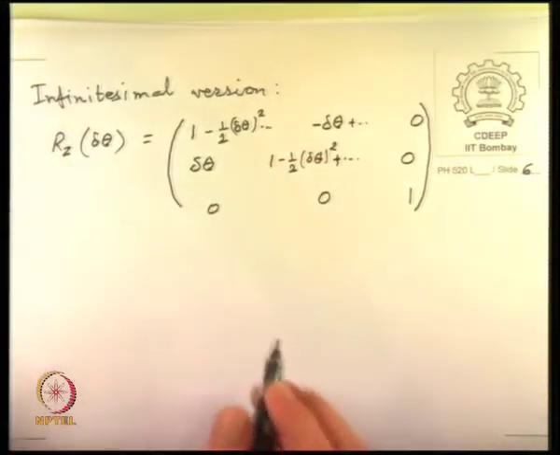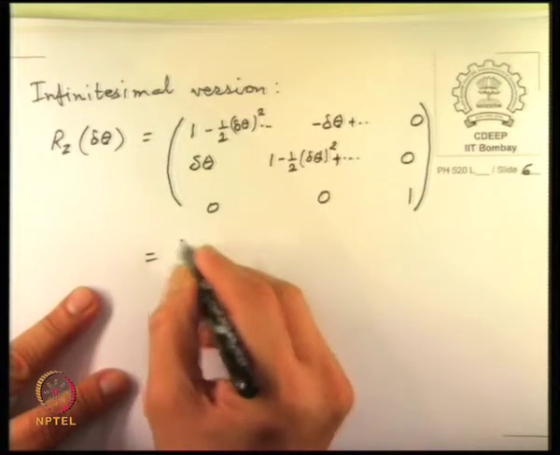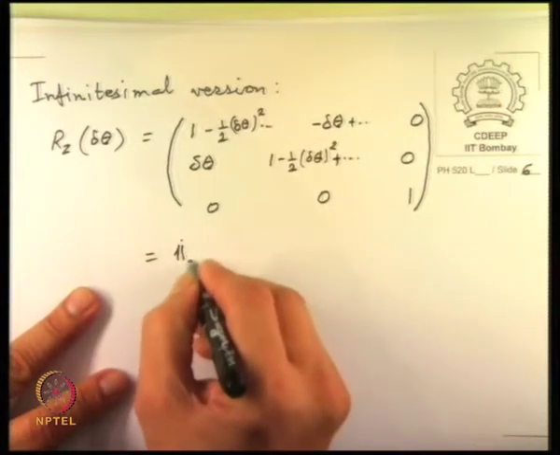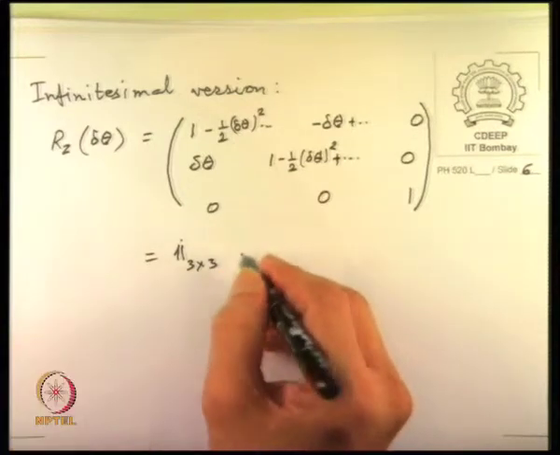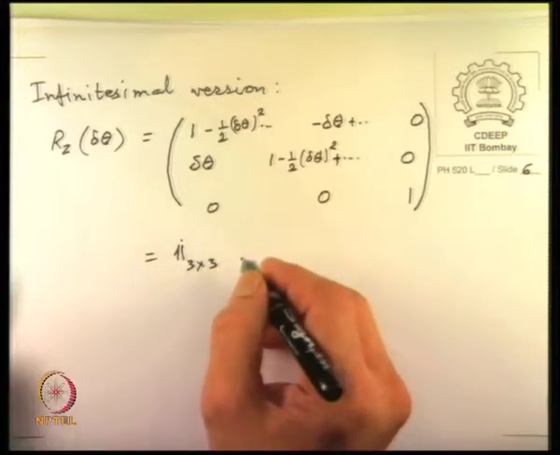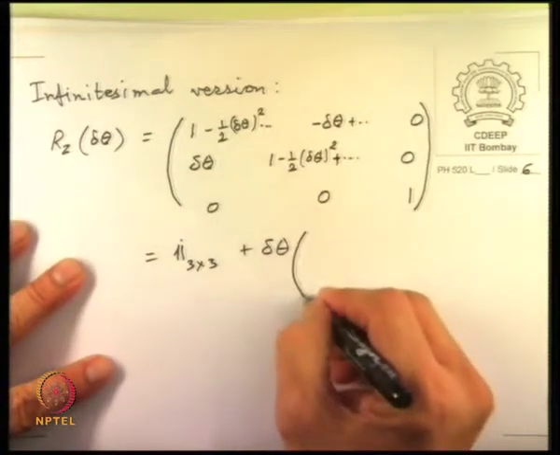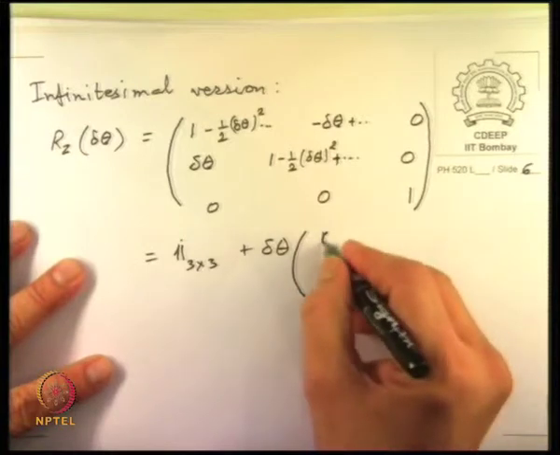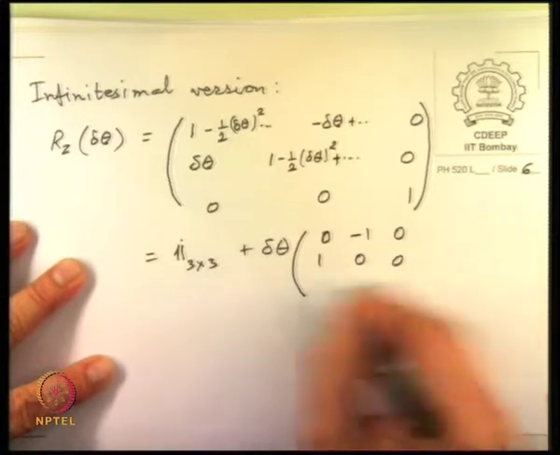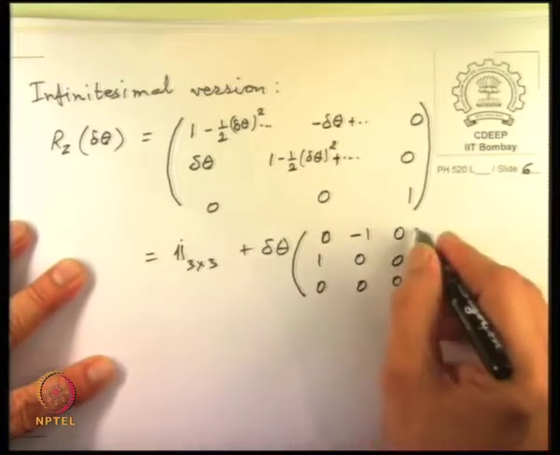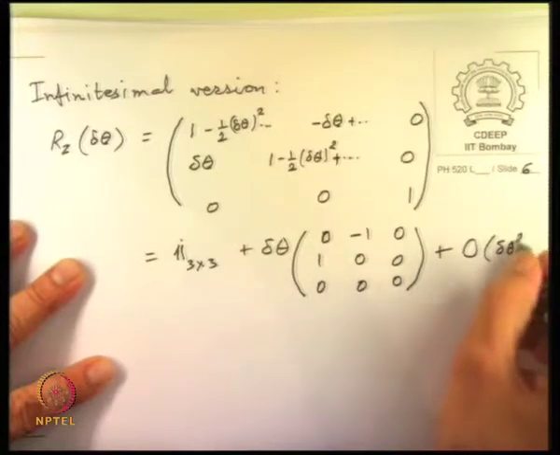So, if we ignore the quadratic terms, then it is the 3 by 3 identity matrix, plus delta theta times the matrix 1 0 minus 1, 1 0 0, 0 0 0 0, plus order delta theta squared, which we are going to ignore.